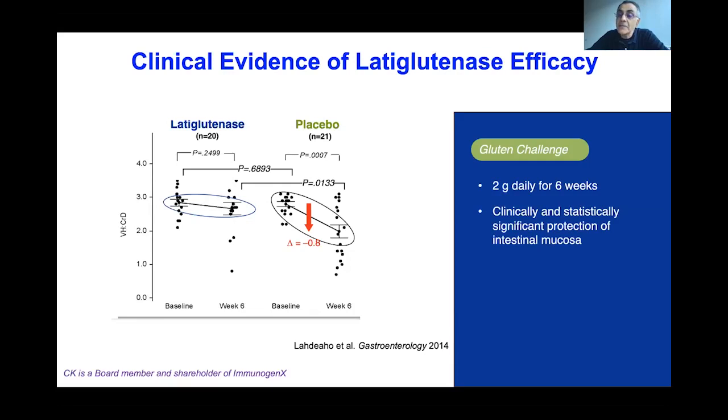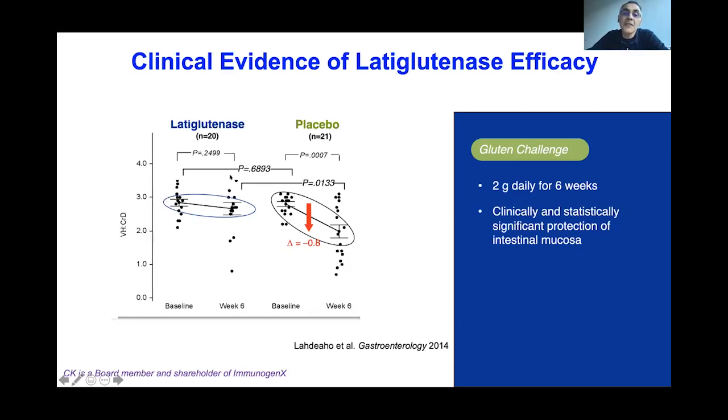It's a quantitative measurement that's made on biopsies of celiac patients. You start with a fairly high number because these patients are generally in remission. Over a period of 6 weeks, when these patients are challenged with gluten, this number drops.